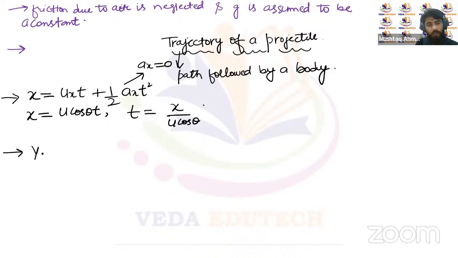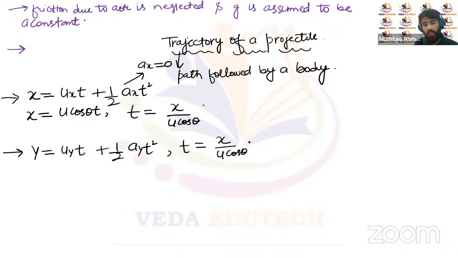Similarly, y is equal to uyt plus half ayt square, right? We know that t is equal to x upon u cos theta, so we can plug this value of t into this equation.